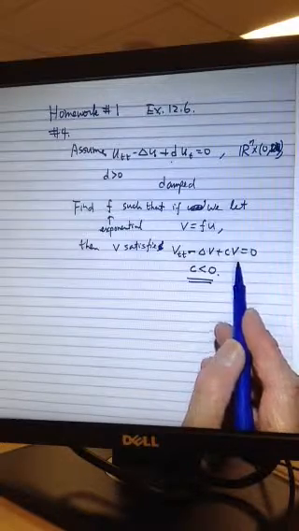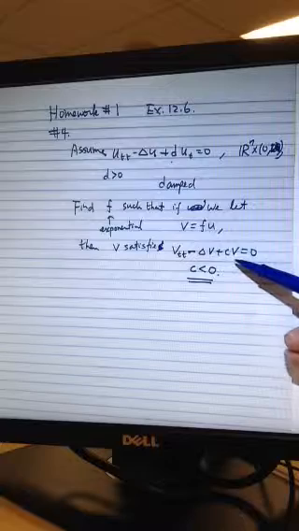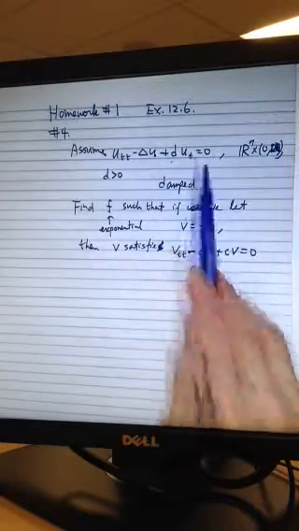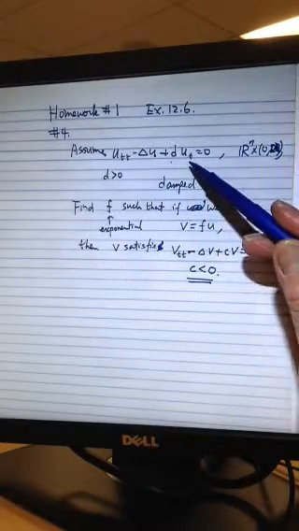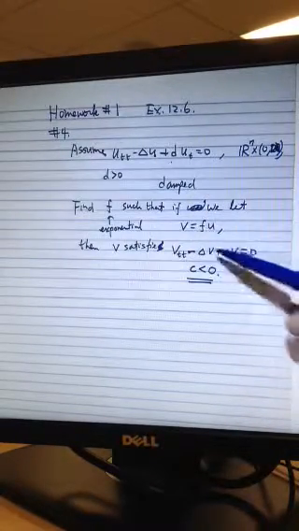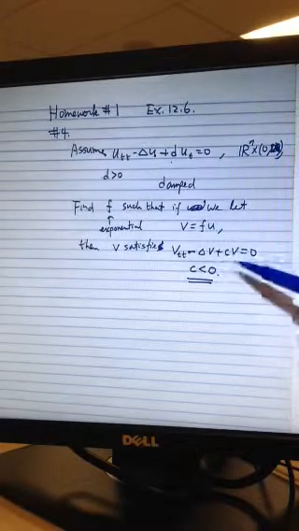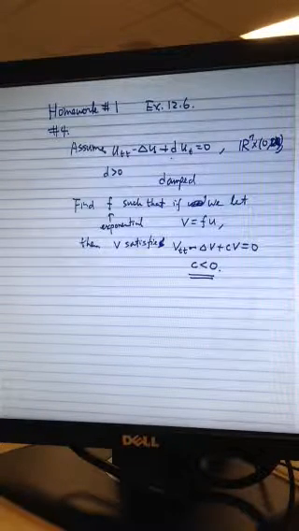The important thing is that this equation is easier to solve than this one, because this has a derivative and this doesn't. Of course, the sign changes, but this one is easier to solve. The hint I gave you, I didn't really give you any hint.